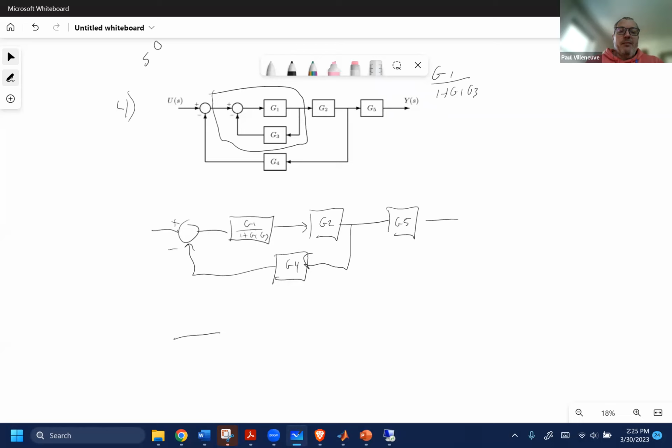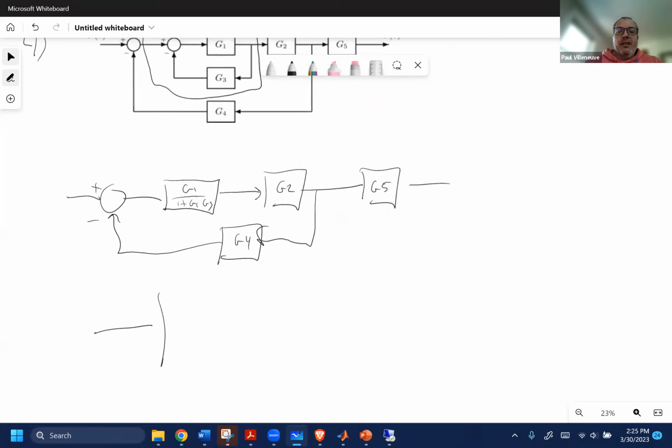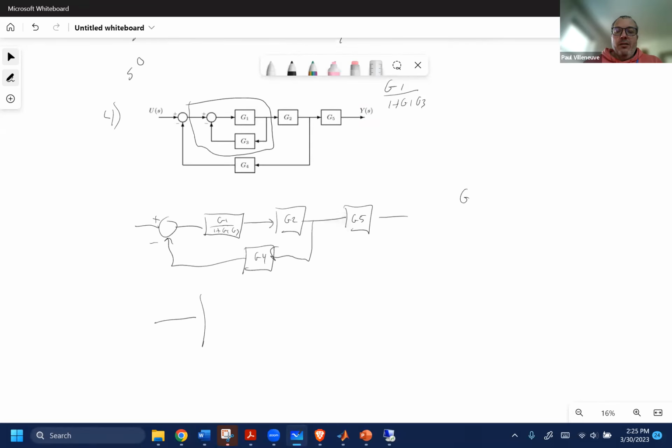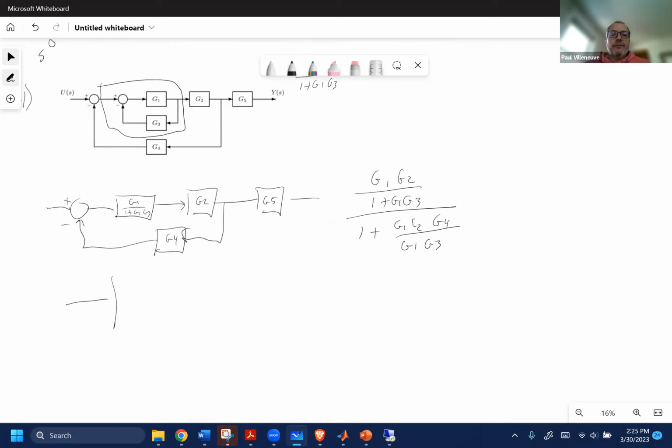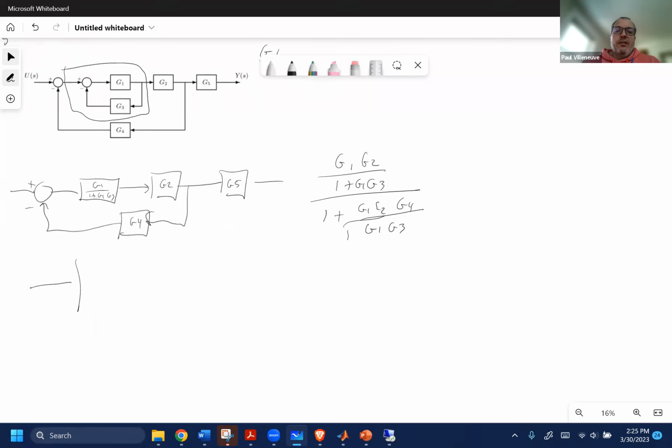So that becomes, no, actually, let me do it over here before I put it in. So that becomes G1, G2 over 1 plus G1, G3, all over 1 plus G1, G2, G4 over G1, G3. Oh, sorry, 1 plus that, right? Plus GH. Okay. So now, wait a minute.